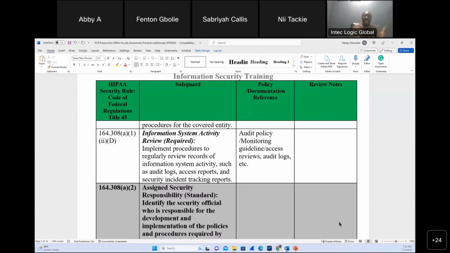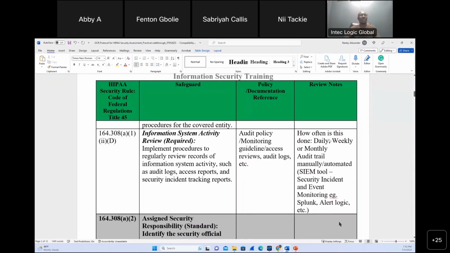AI bots that review the logs automatically. Anytime people log into the computer and start using it, the AI starts keeping records and analyzing whether they are doing the right thing, right? So you may want to check how often these audits are being reviewed, right? It's very, very important.